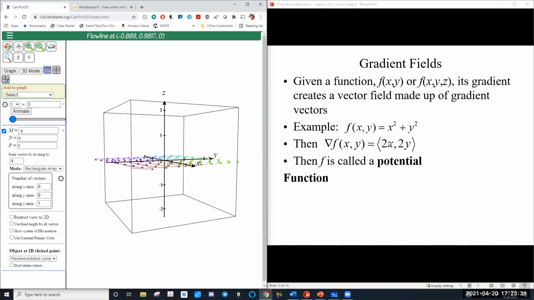If our vector field is a gradient field, we call the function that produced it a potential function. Not a huge deal for today, but it will be very important when we start looking at line integrals. So I just want to get that term out there. A potential function is a function whose vector field is a gradient field.